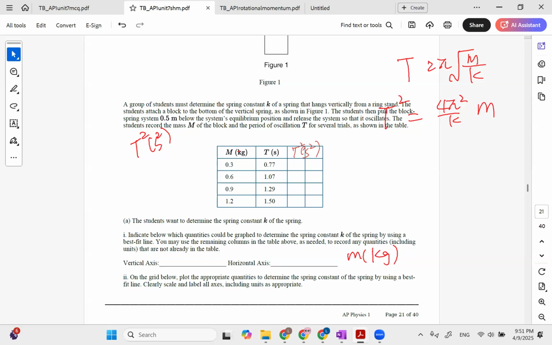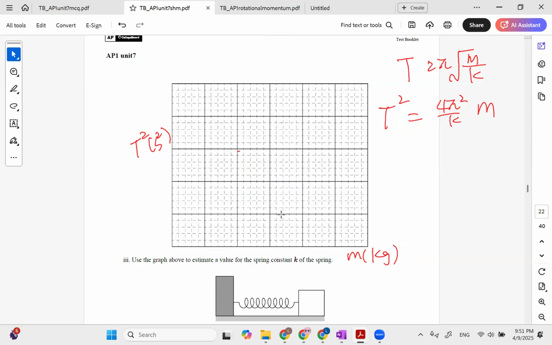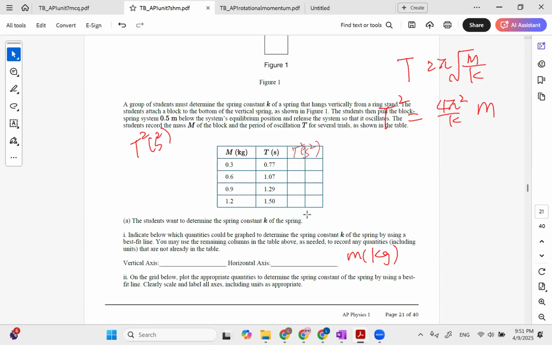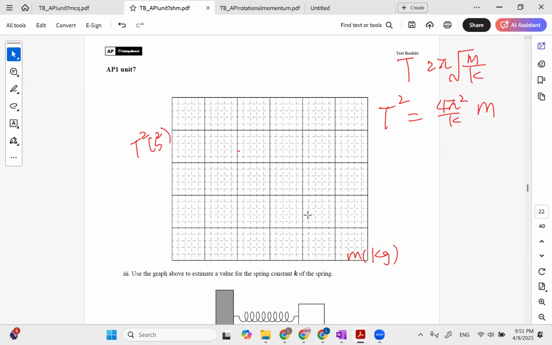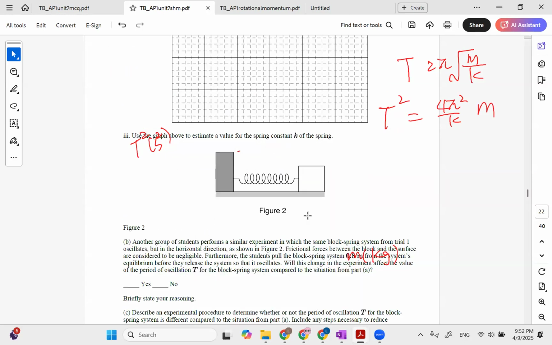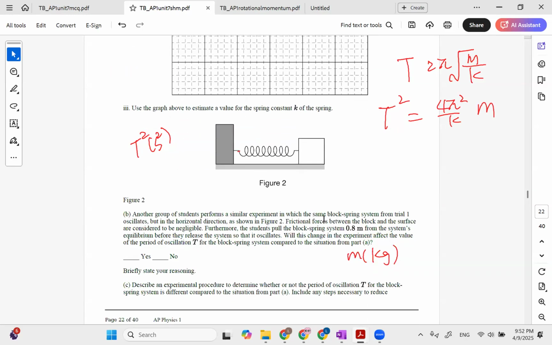Does it make sense to you? And then we can continue.